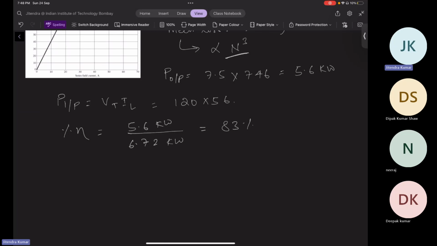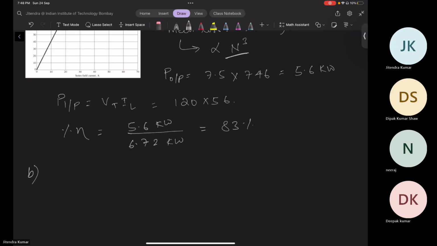So the next question is what will happen when load will vary, right? That was the question Deepak just asked. So part B is we have to find out the speed and efficiency of the motor at IA equal to 40 amps.